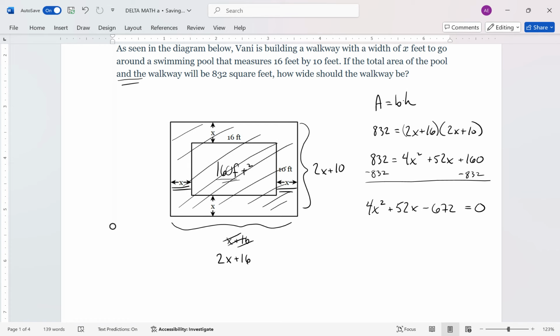From there, it's up to you how to solve this quadratic equation. You might try to factor, you might try to complete the square, or use the quadratic formula.